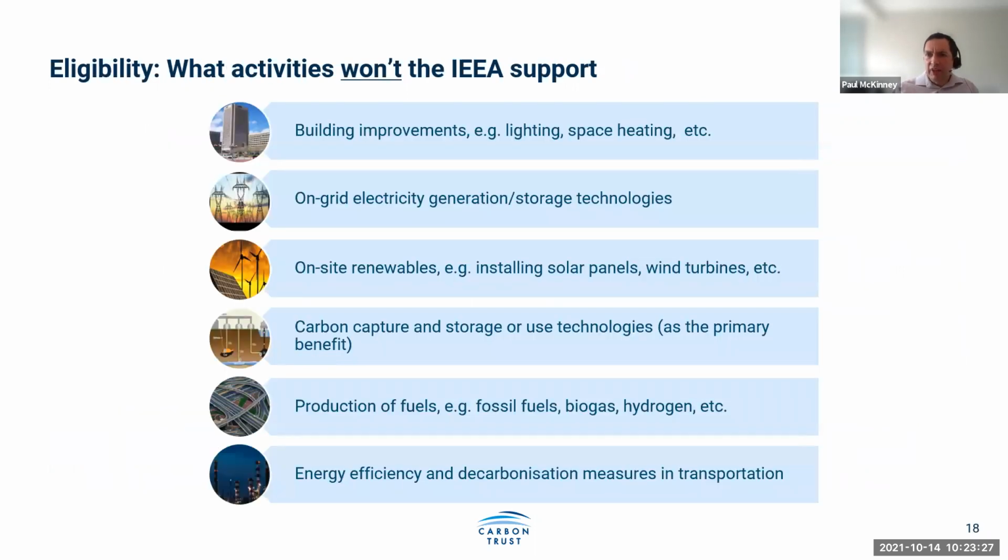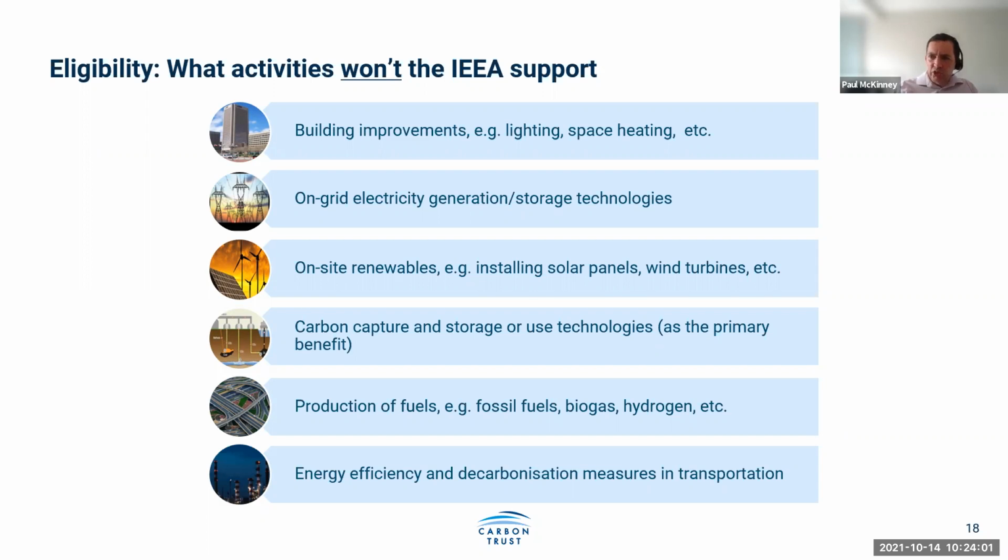And then next, finally, there's a list here of some areas that are out of scope. So we're focused on efficiency rather than power generation or fuel supply. We're focused on industrial processes rather than, say, buildings or transportation. So out of scope are things like lighting and space heating, electricity generation, storage technologies, on-site renewables, so no wind turbines and solar panels.